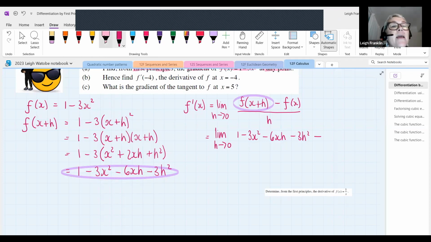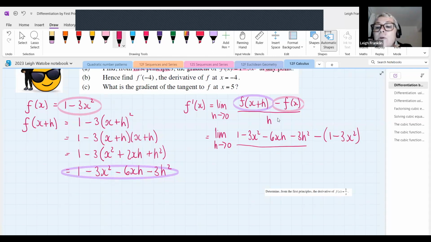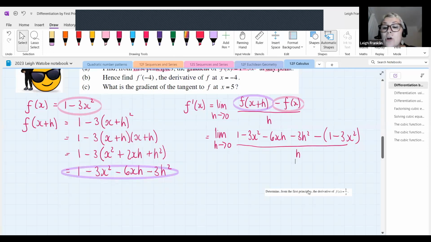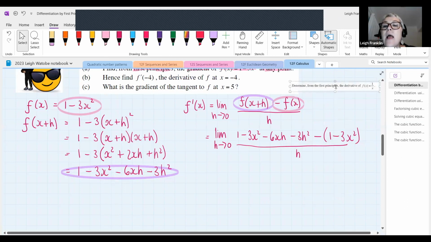Now, f of x is 1 minus 3x squared. Because it's a binomial, I've got to use brackets. So minus 1 minus 3x squared, like so, and all of that has to go over the h. Now, I'm not allowed to drop that h out and then put it back in again somewhere at the end. Okay, if you do that, they will end up penalizing you for it.